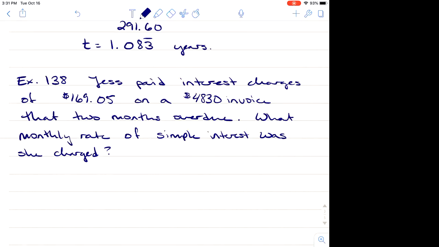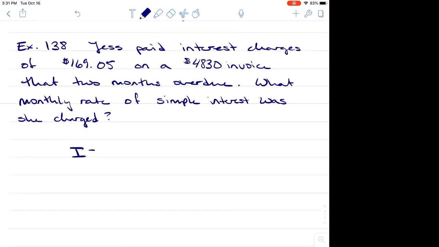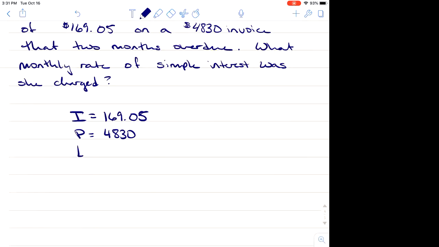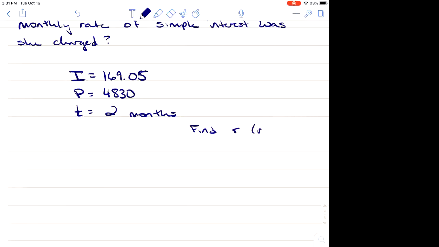So we're given that the amount of interest is $169.05, the principal amount is $4,830, and the time is 2 months. And we have to find R, but monthly.